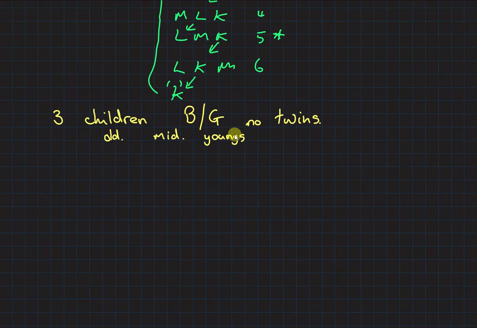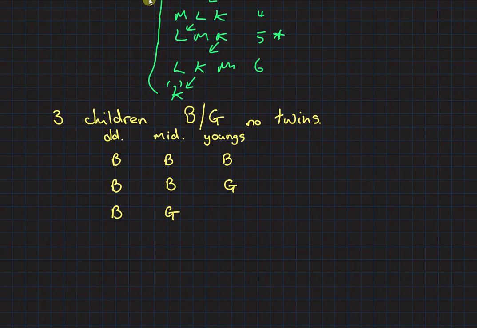But I could start off with the oldest being, all 3 being boys. Think about changing them around. 1 girl. So let's list all possibilities with the 1 girl. We'll start off with the youngest girl. What's the possibility of the middle being a girl?